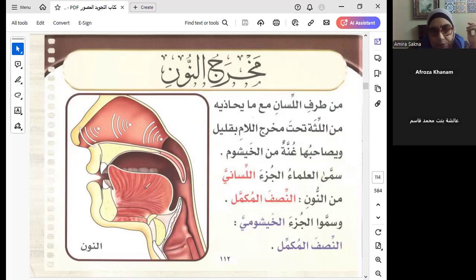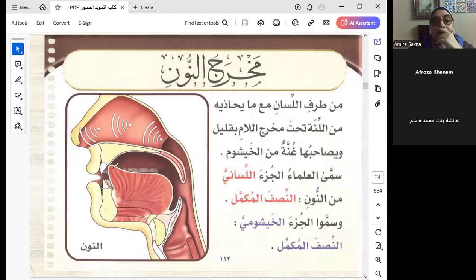The tongue part is not going to work, and only the nasal cavity part is going to work. That's why we produce the ghunna, but the tongue part is not working. That's why, when we apply ikhfa, the tongue goes to the articulation point of the letter which follows the noon sakina or the tanween.